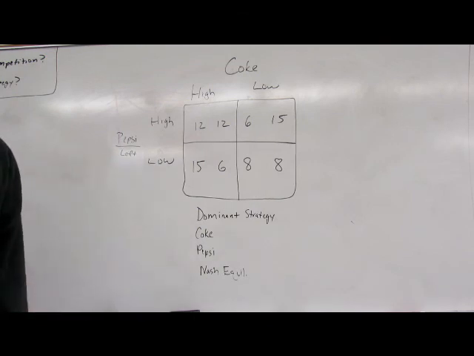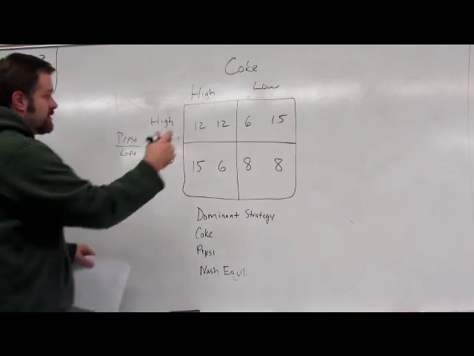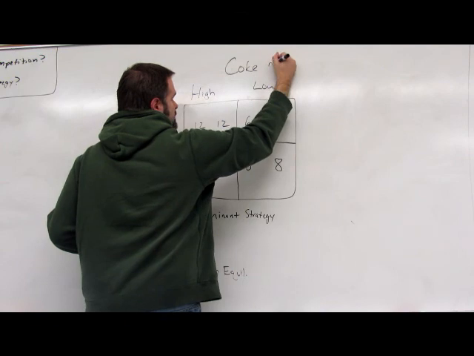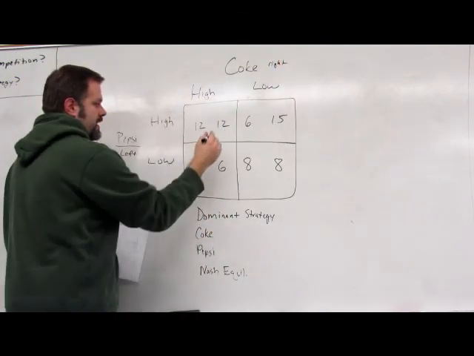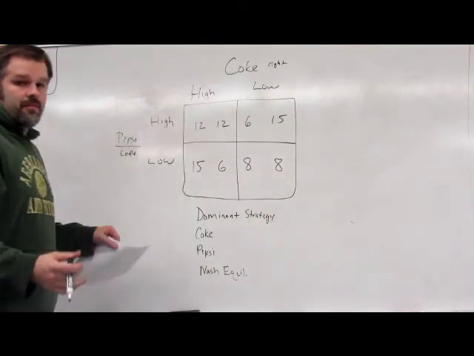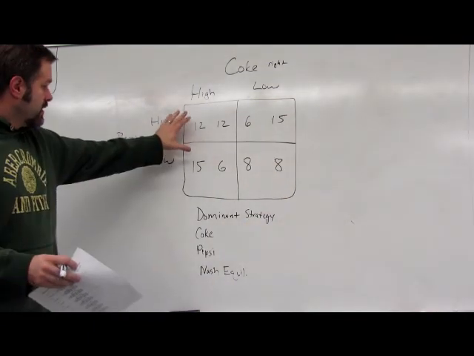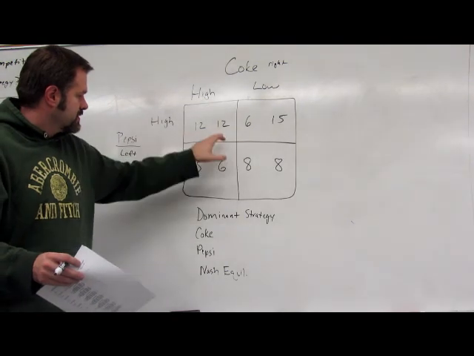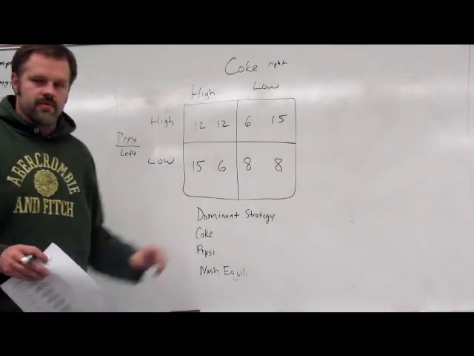All the numbers on the right deal with the firm on top. So for Coke, the numbers we're looking at are 12 and 15, 6 and 8. Same numbers in this case, but these are Pepsi's numbers, those are Coke's numbers.